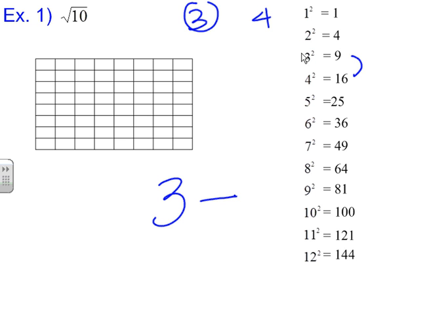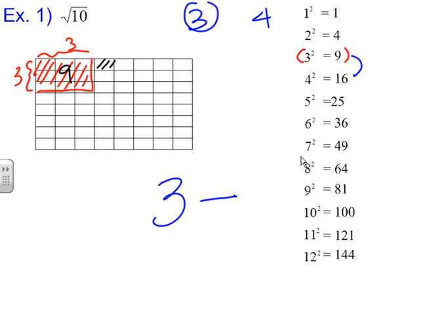So 3, we see, is 9 squares almost, right? We know that if we take 3 squares and 3 squares, a 3 by 3, we will get 9 squares filled in here. But we need one more though, don't we? We need to get 10.